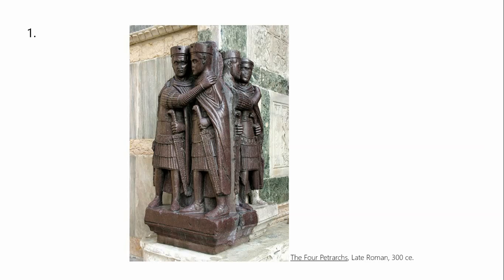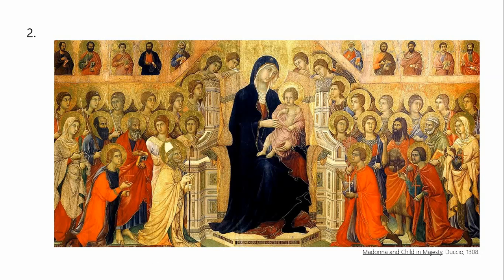But also that we talked about this particular one in terms of some of the exceptions to the rule of what is freestanding and what is in the round. Like this particular piece is kind of in the round, but not freestanding. It's not freestanding because it's attached to a building, but it's kind of in the round because you can walk around it. So it's some kind of in-between example between high relief and in the round sculpture.